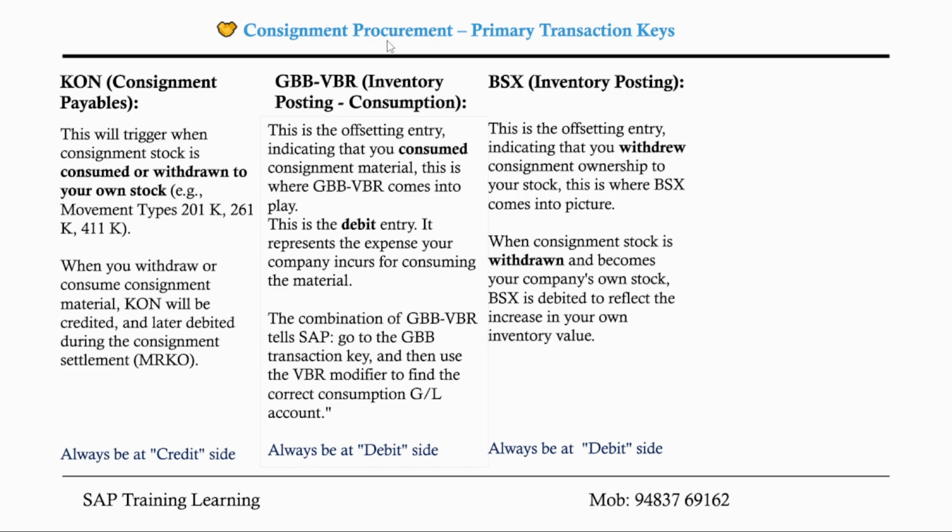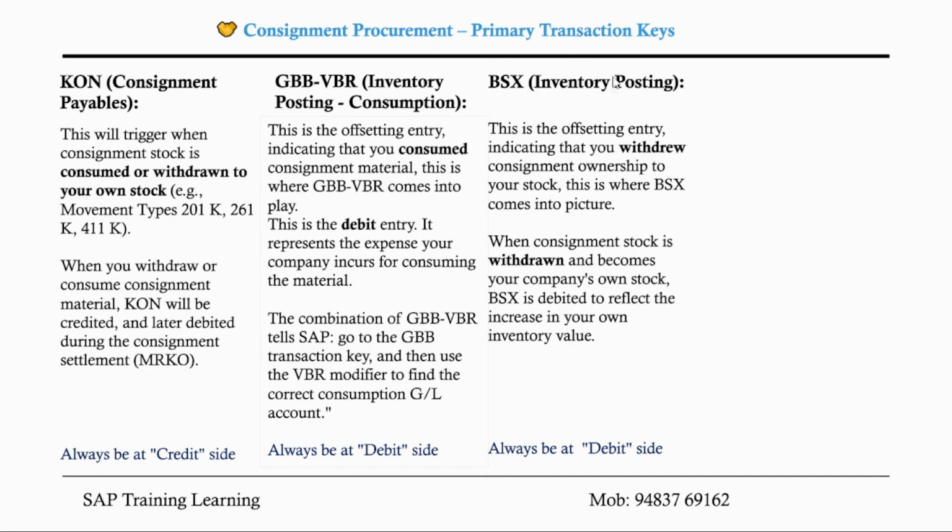So in consignment procurement, in which scenario is our inventory involved? When I withdraw the consignment ownership to my stock, which means I am increasing my inventory. While withdrawing the consignment ownership to my stock, the consignment stock is coming and sitting in my inventory.